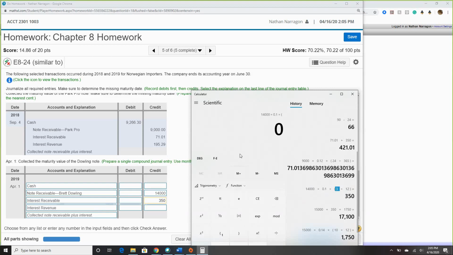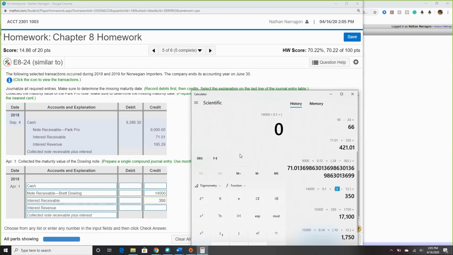How many more months do I have to calculate for my interest for this current period's revenue? Yep, 9 more months.